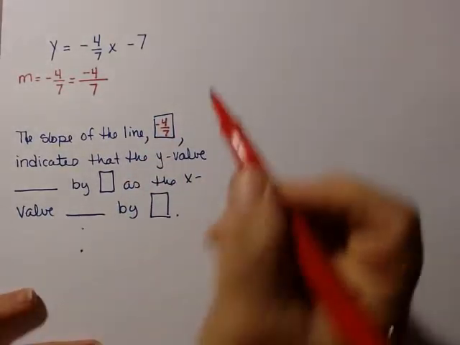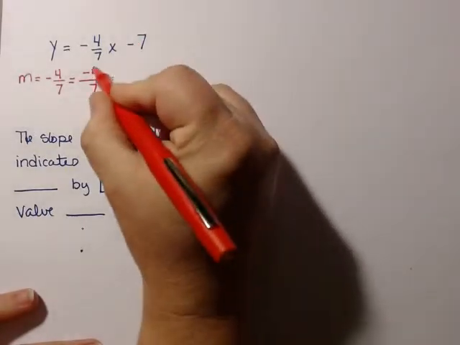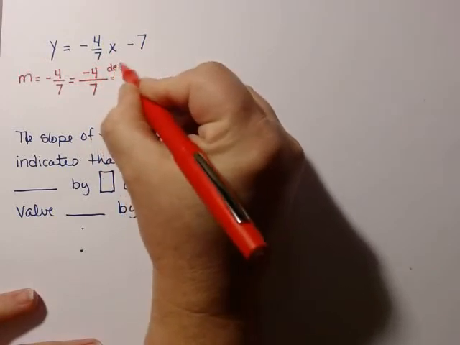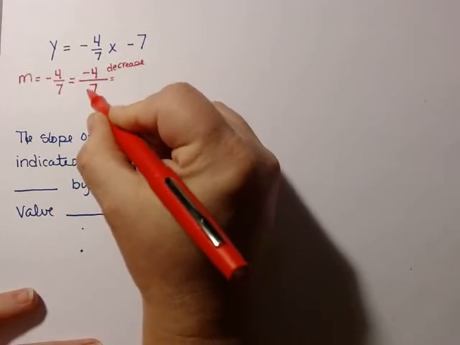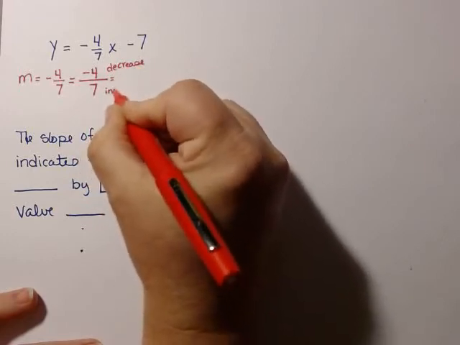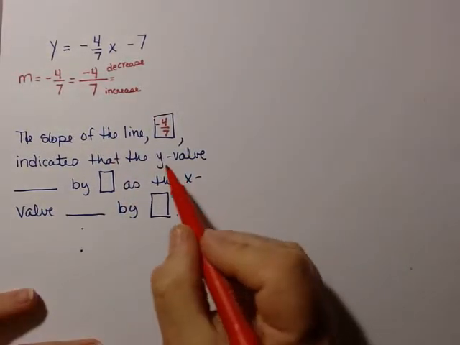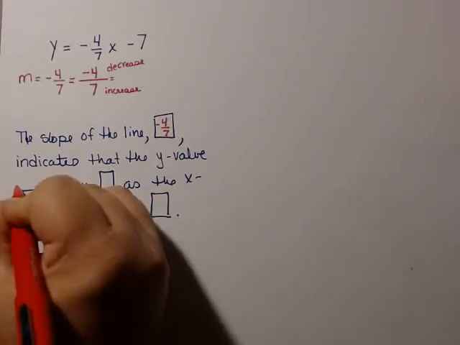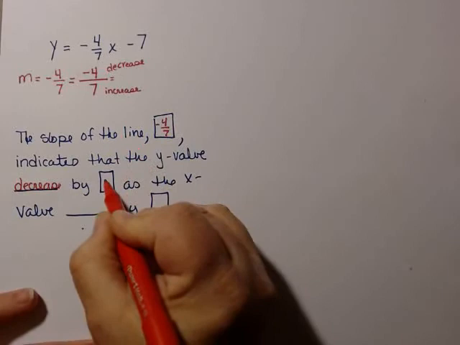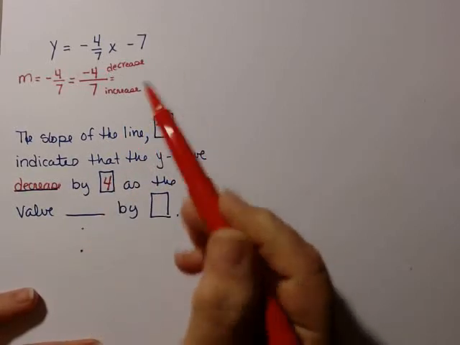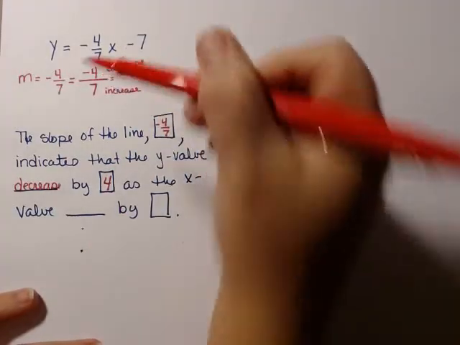Okay, so because the numerator is negative, this indicates we have a decrease. Because this is positive, this is going to increase. So the y value is going to decrease. And it's going to decrease by 4 units. Now, I know you want to put a negative 4 here because that number is negative 4.